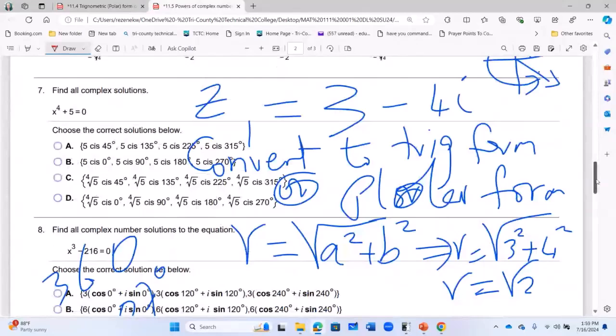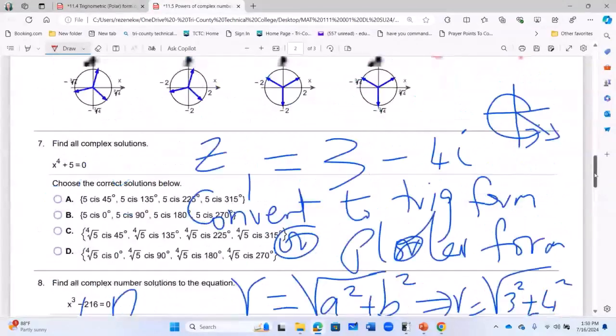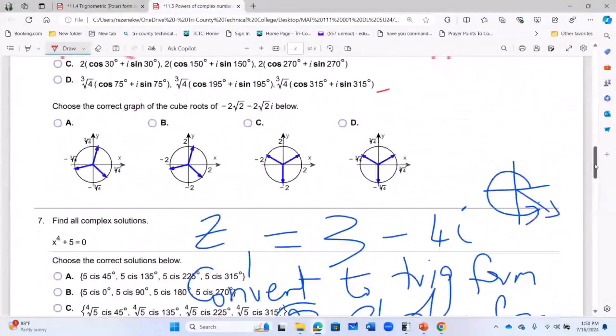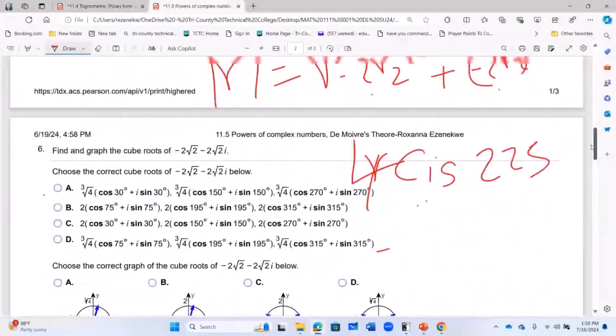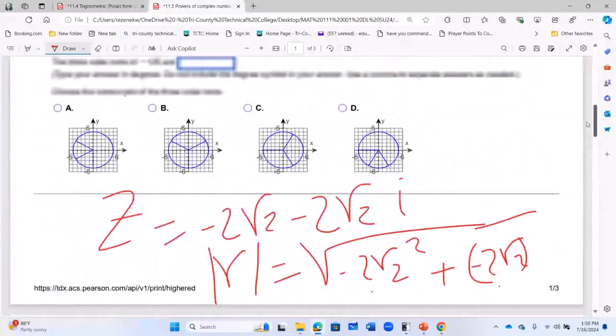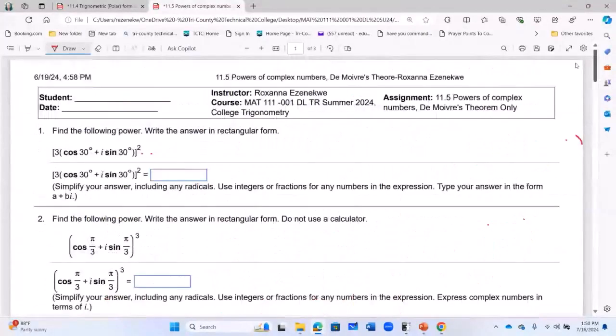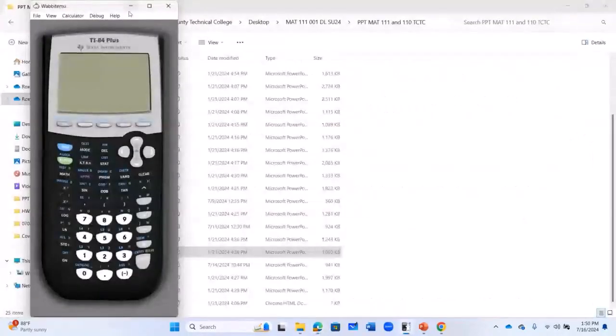But the most important thing is to be able to convert from rectangular to polar and from polar to rectangular. Let's quickly go to section 11.